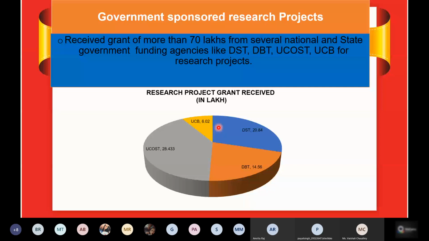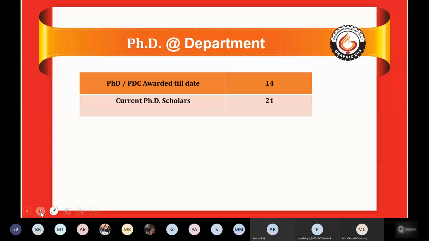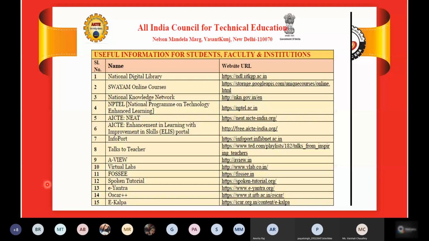Funded from different centers. Okay, we have already awarded 14 PhD students, and more than 21 PhD scholars are doing their research. Why I'm sharing this slide is because when I say research, when I say projects, when I say any kind of lab work, the scholars are the bridge or the connection which connects you to the laboratory, because they are continuously innovating something.